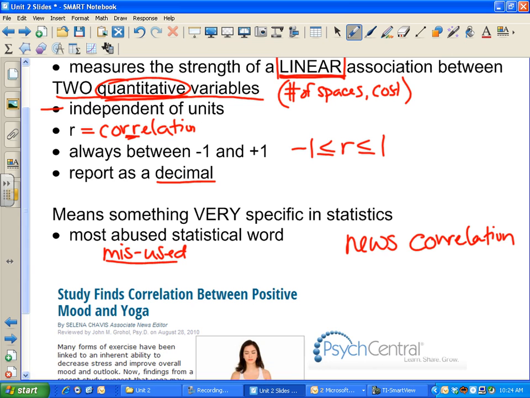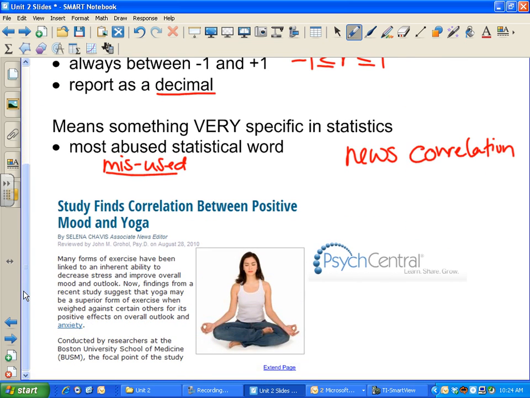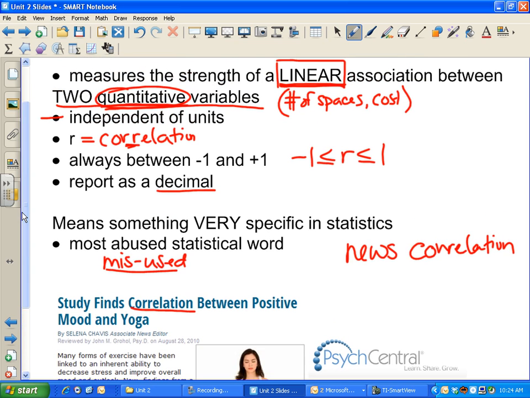Here it is. "Study finds correlation between positive mood and yoga." Now, my husband gives me a bad time. He says, oh, the word correlation means relationship. Okay, there could be a relationship between positive mood and yoga, but because we are statisticians, the word correlation does not mean relationship. It means the strength of a linear association between two quantitative variables.